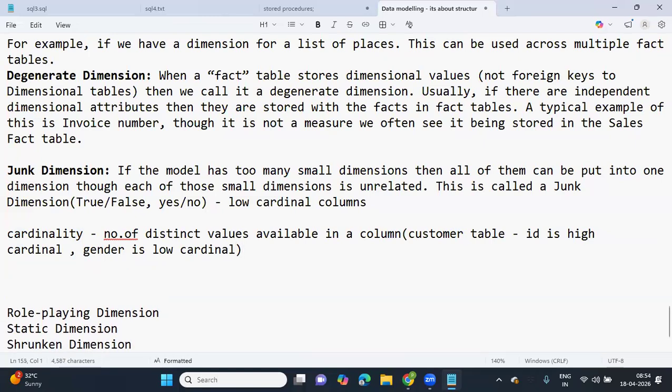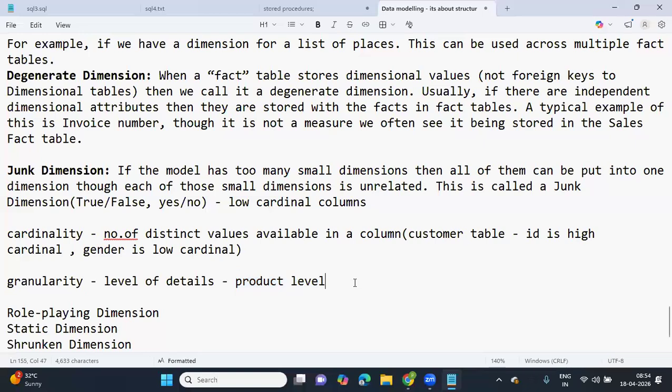And we have another term called granularity. Granularity means the level of details. Let's say we are talking about some aggregations, or we are building some reports. What level of details does it have? Is it on a product level? For each product, what is the information we have?